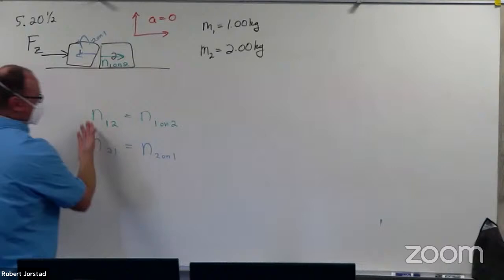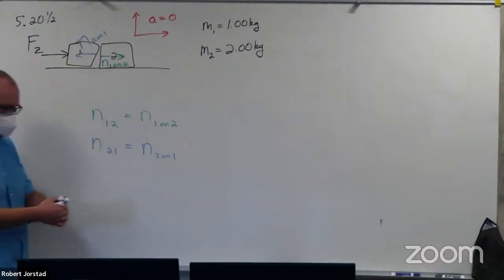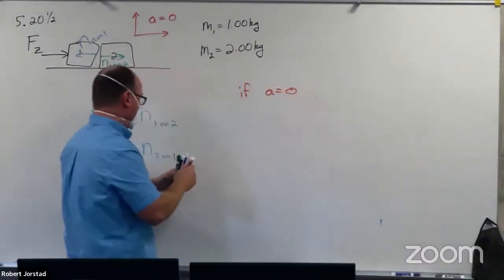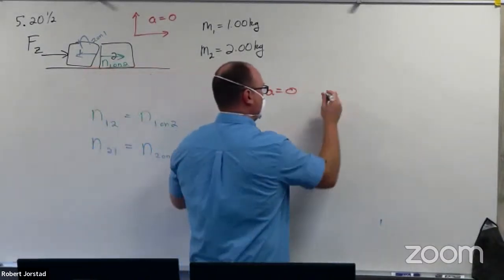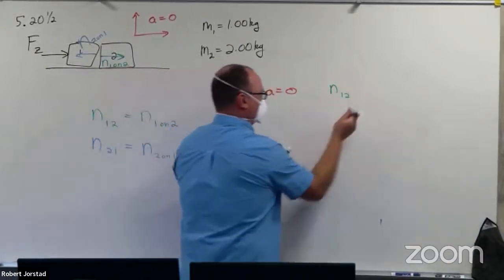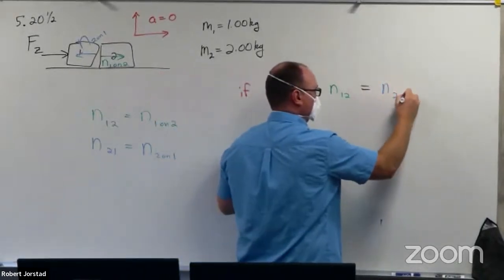Which one of these two is bigger? If we're moving to the right at constant speed, they should be the same, okay? So if a is equal to 0, I know that N1 on 2 should equal N2 on 1.